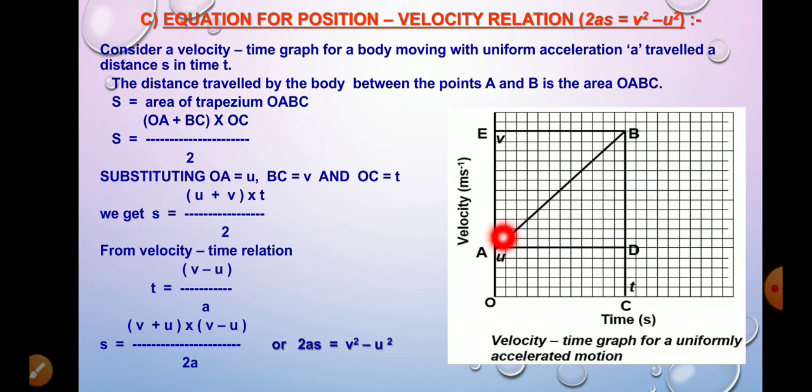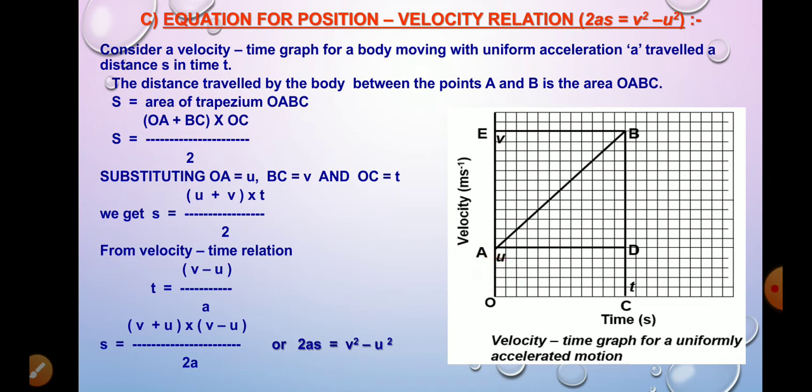Here also the distance s traveled by the body between point A and B is the area under the graph, that is OABC. So here we can take the area of a trapezium, OABC.